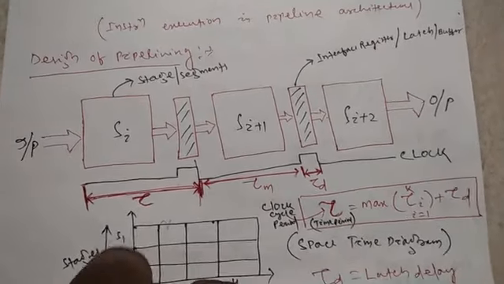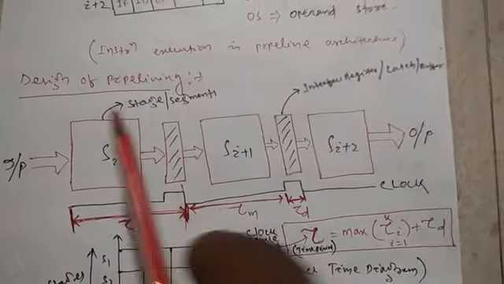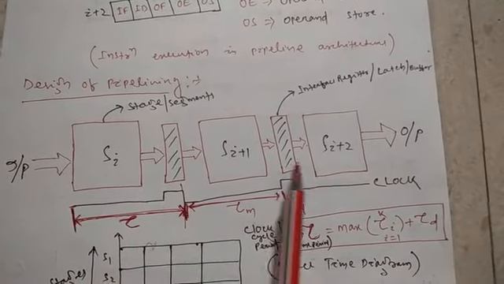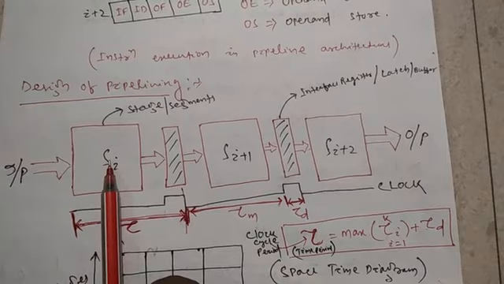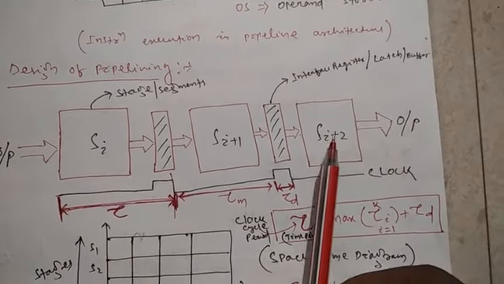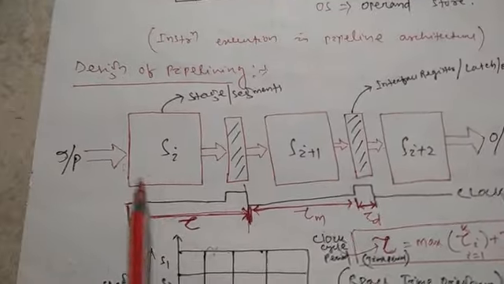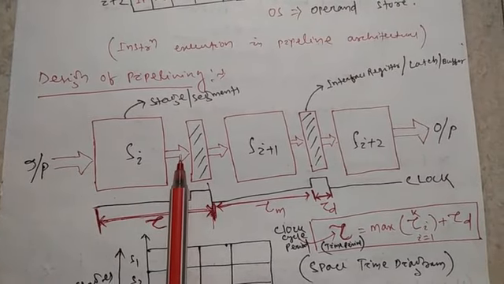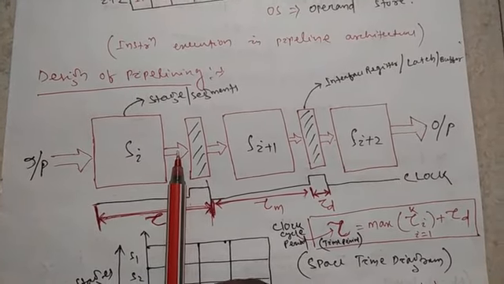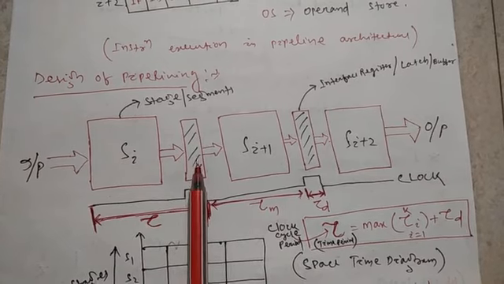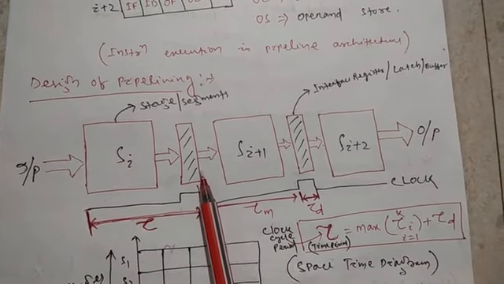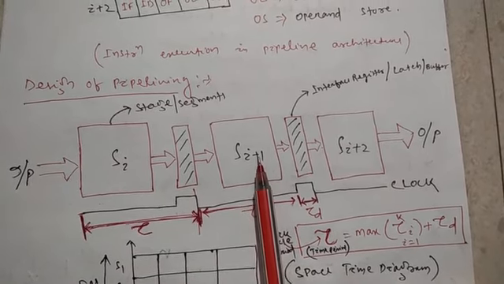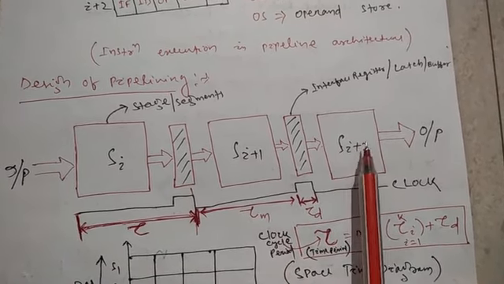Last class I told you there are a number of stages. Assume that there are 3 stages, Si, Si plus 1, Si plus 2. Look, this is the input 1, and this is the output of stage 1, and it is the input of the next stage, and the output of the first stage is the input of the second stage, similarly the third stage.